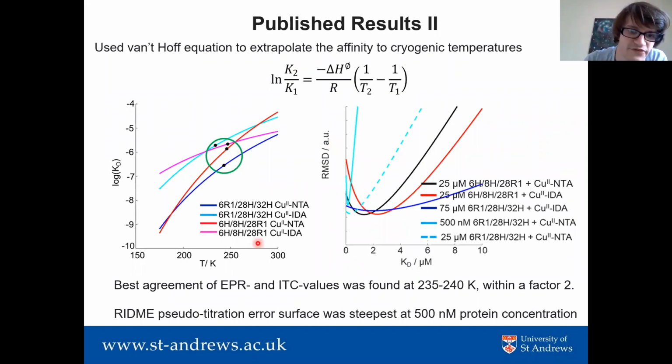And when we did this, we found that the EPR and ITC determined KD values agreed reasonably nicely in quite a narrow temperature range. We see from the crossing points here that I've marked in black that this is quite reproducible between series. And what this tells you is that the RIDME isotherm is representative of your binding equilibrium at this temperature.